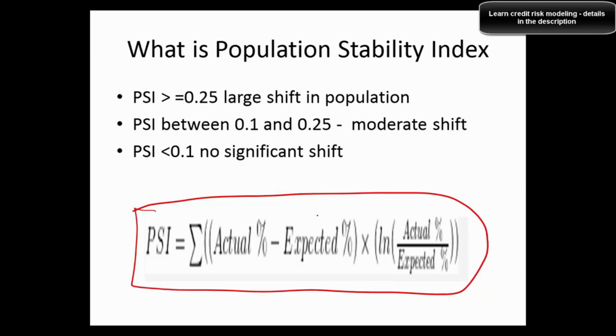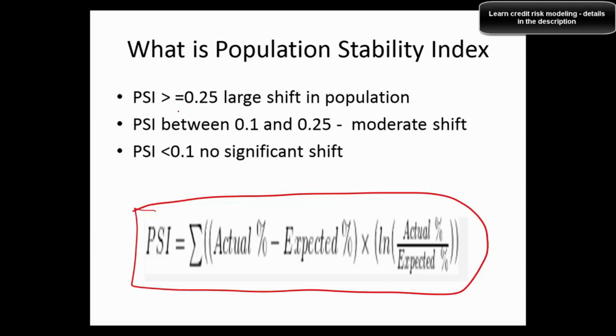There will be 10 segments. Then you calculate the actual percentage and the expected percentage of events, multiply the difference with the ln of their ratio, just for normalization purposes, and you will get a score.